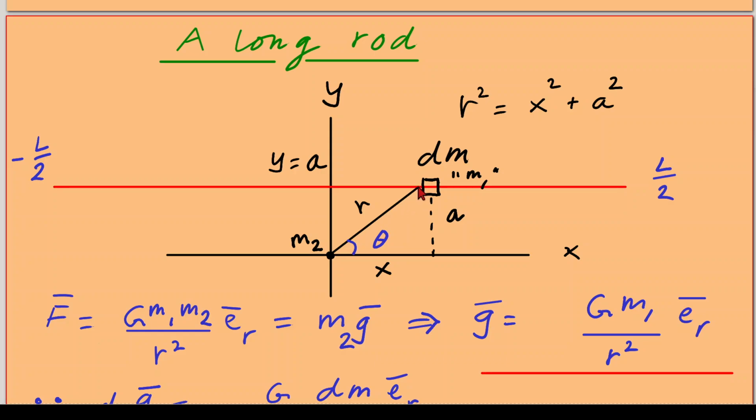It's the same direction as the basis vector, thus no minus sign. The force can be written m2 g, as I said. Thus, the g field in this point, the origin, is G m1 over r squared, and in that direction.